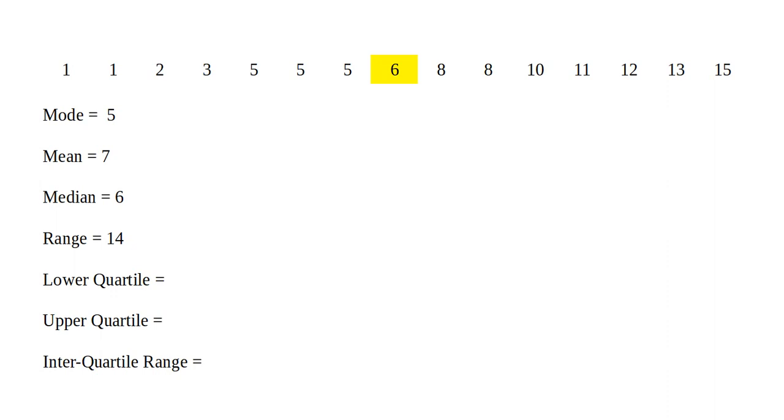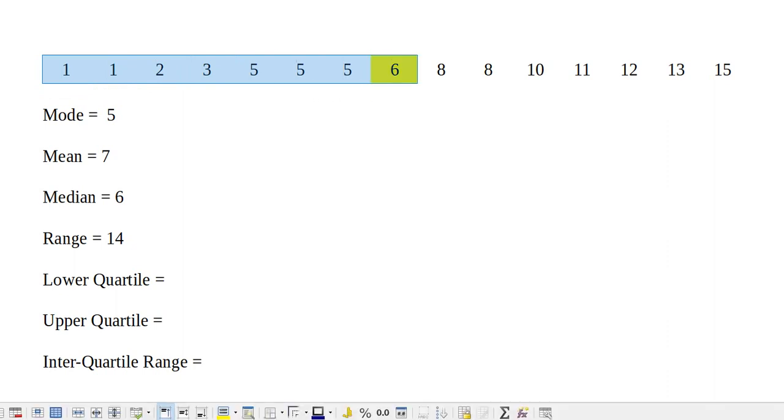So first of all, I know my median is 6 because that's halfway through the data. So I'm going to split my data like this, from 1, 1, 2, 3, 5, 5, 5, and 6, and look at that, and I'm going to say to myself, where is the middle number in that?